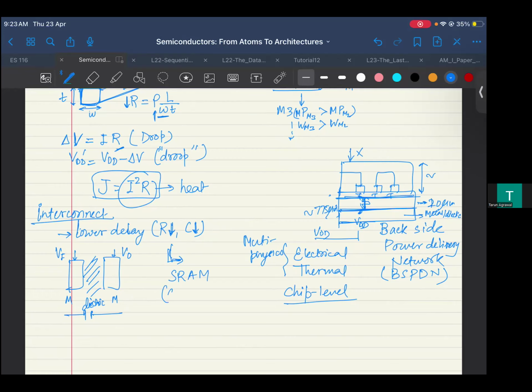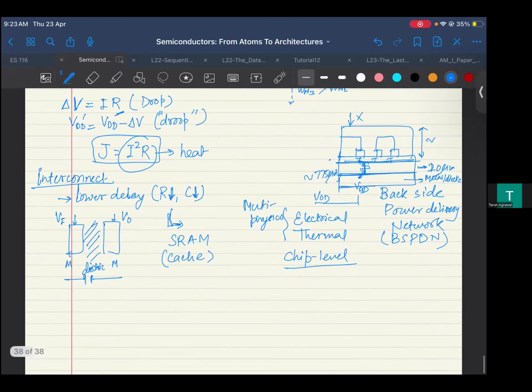This is the cache, and what is inherent in the SRAM is a structure of the MOSFETs. They are arranged in a certain way. In the particular cell there are, let's say, six transistors, arranged in a particular way, and they have to be connected in a particular way.